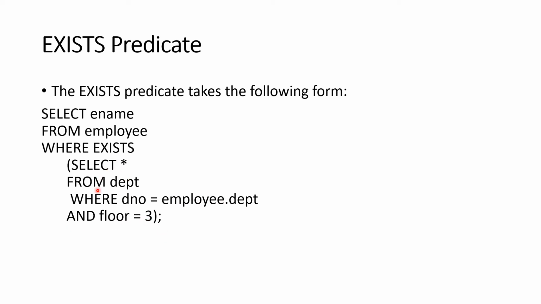So if this query exists, those names will be extracted. This is the subquery. This result will go into this select, and this select will select only ename from the employee who satisfy these conditions.